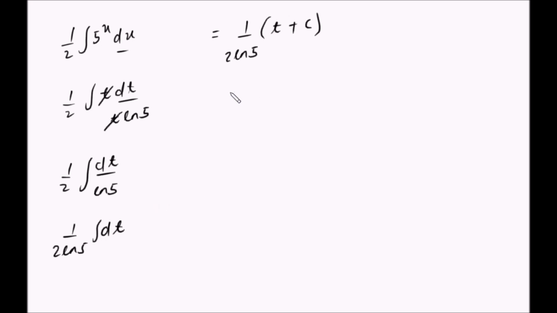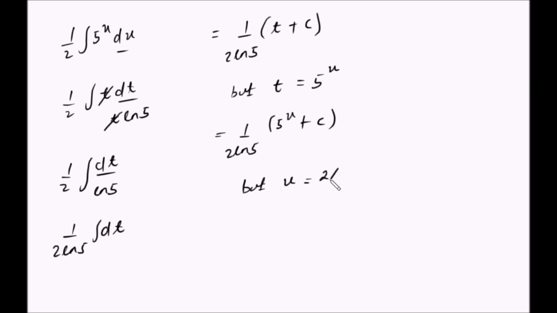But t we said is 5 to the power u, so it will be 1 over 2 ln 5 times 5 to the power u plus c. But u we said is 2x. Here we used t substitution, and here we used u substitution. So it will be 1 over 2 ln 5, so we have 5 to the power 2x plus c.